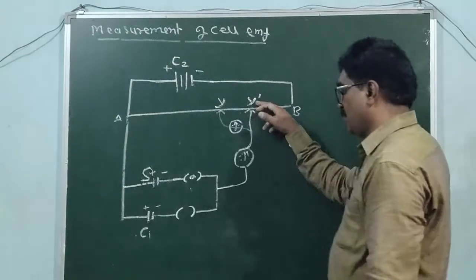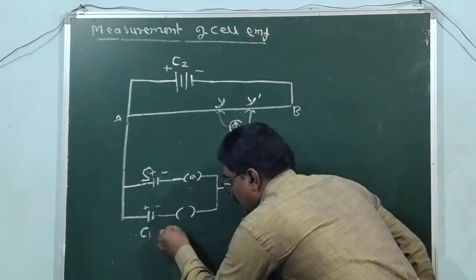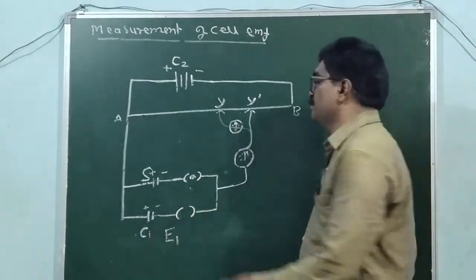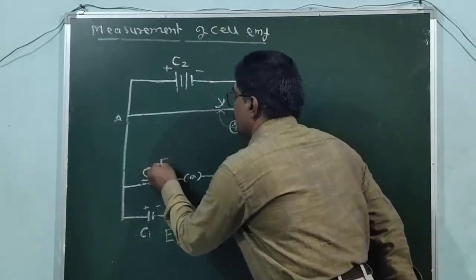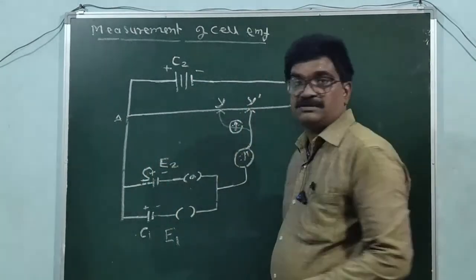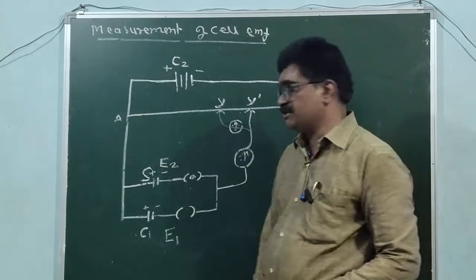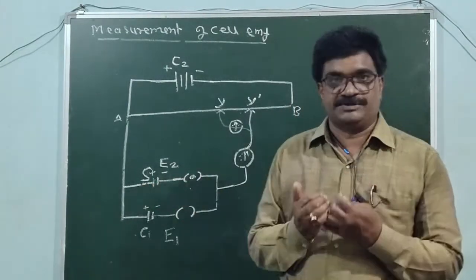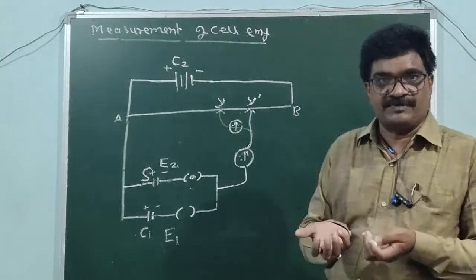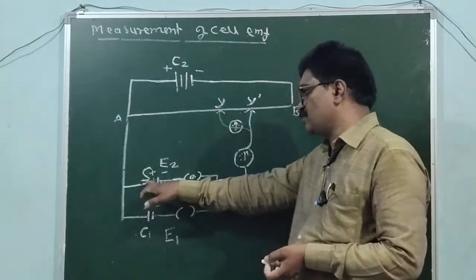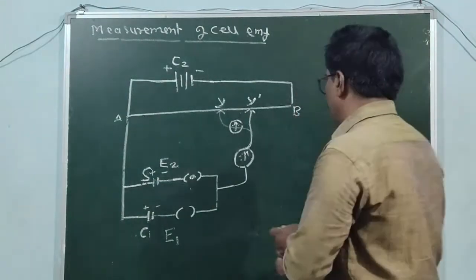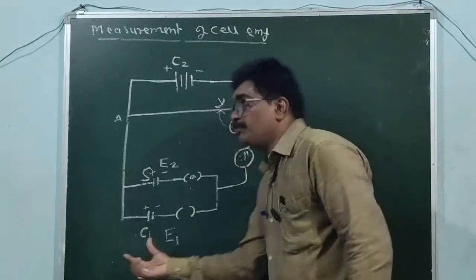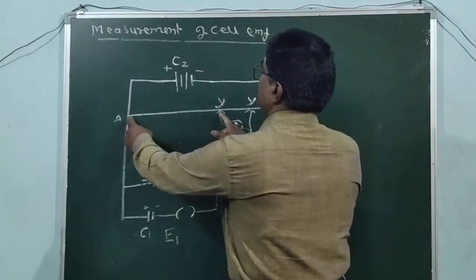Now suppose E1 is the EMF of cell C1, and E2 is the EMF of cell S, that is the standard cell. Why do we call it a standard cell? Because its EMF is known to us. That means the cell whose EMF is known previously is called a standard cell. Now, the EMF of cell C1 is proportional to the length AY.